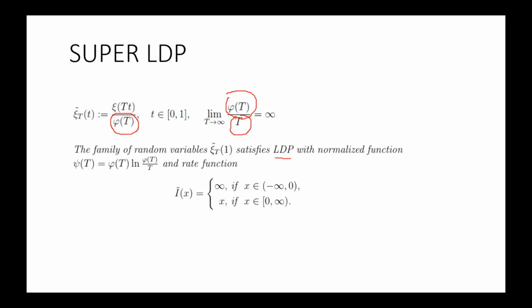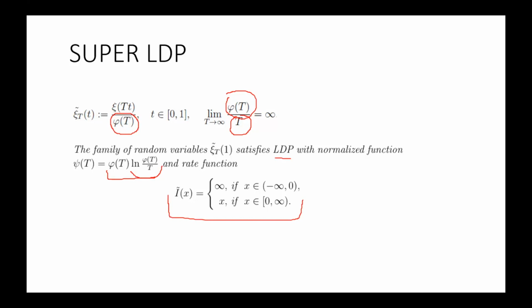With normalizing function psi, which should be just phi of t times logarithm, and the rate function is very simple. In this case, it is exactly the identity function for positive x.